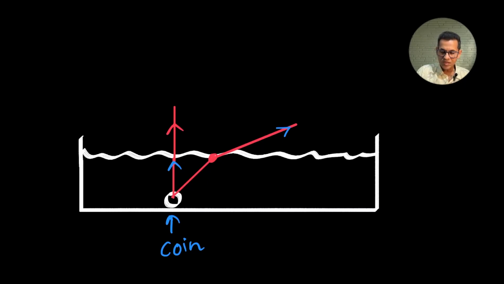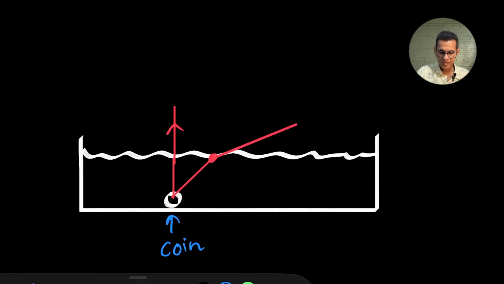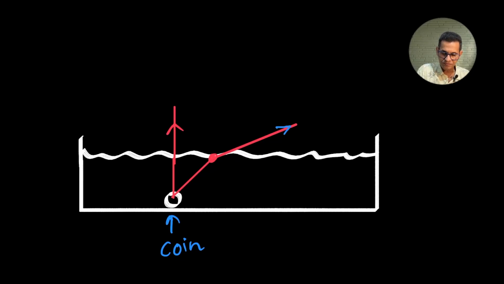Now, let's assume that someone is looking at this coin from this particular angle. So these light rays will reach his eyes, but since our eyes are trained to follow only a straight path of light, our eyes don't follow the bent path of light.